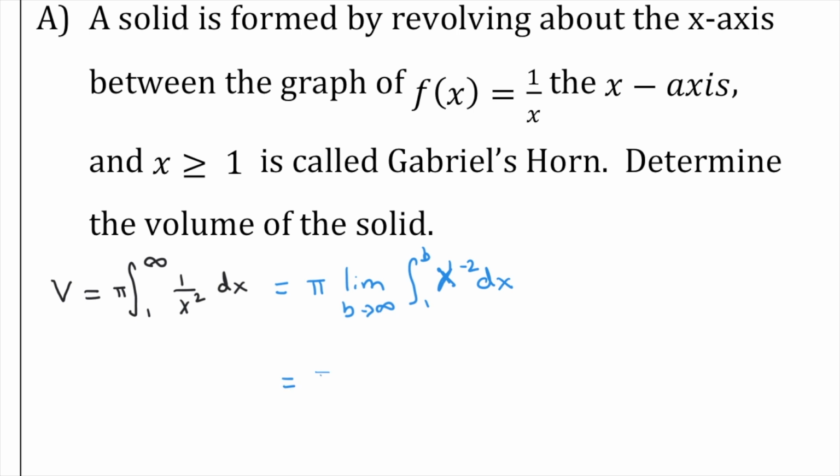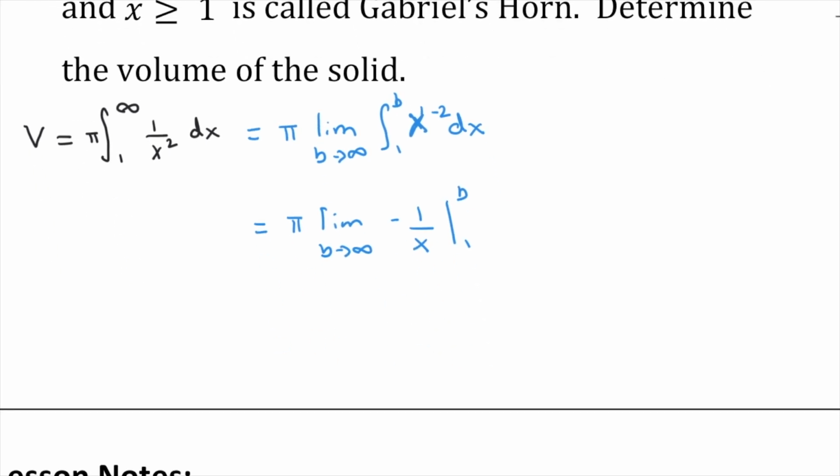Use your equal signs appropriately, and we will have the limit as b goes to infinity of negative 1 over x, evaluated from 1 to b. We still haven't substituted, so keep using your limit notation until we have substituted the b in through our limit, and then we will have minus a negative, which is plus 1.